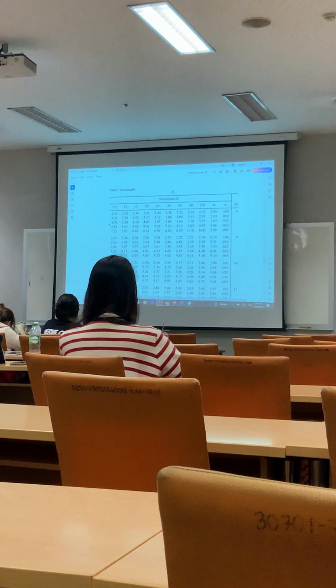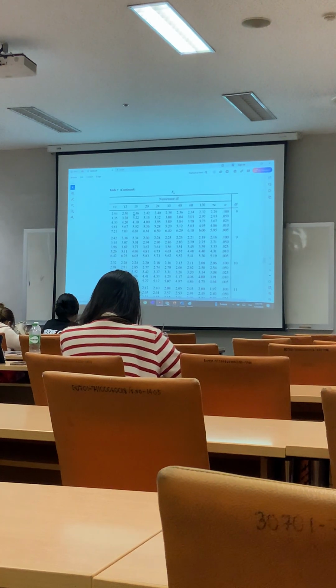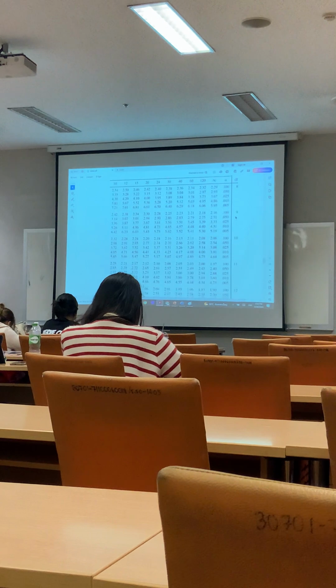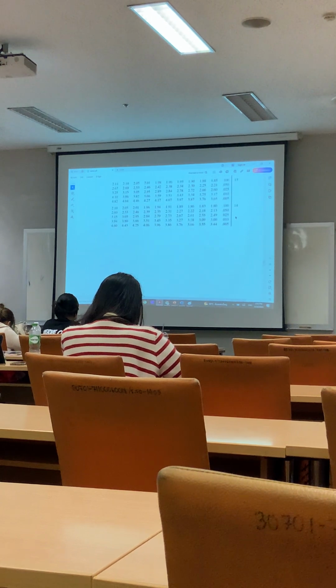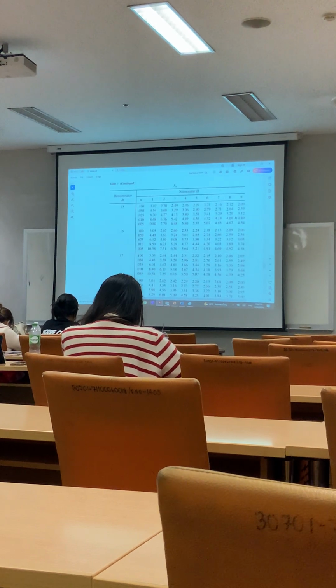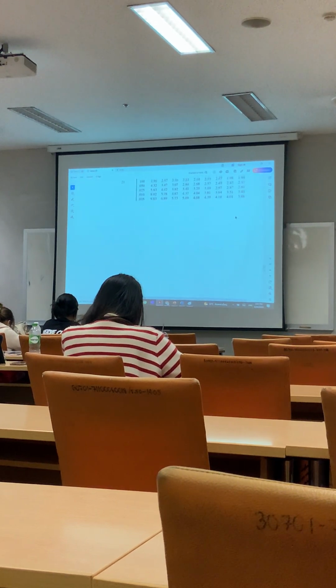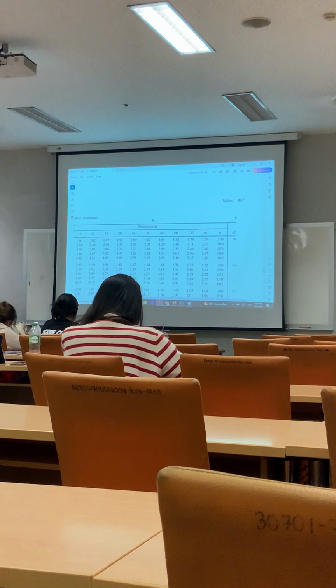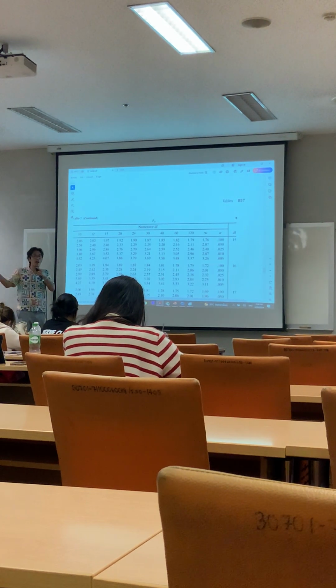You can see that now the numerator is still 10 to 120, but the degree of freedom on the denominator starts from 8 to 14. If you want more than 14, again, it's another table. So you can see that for the F distribution, the fact that you have 2 degrees of freedom complicates the table. You need more than 2 tables. Actually, this is like 6 or 8 tables in total.